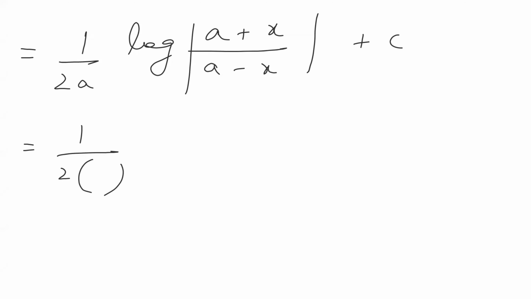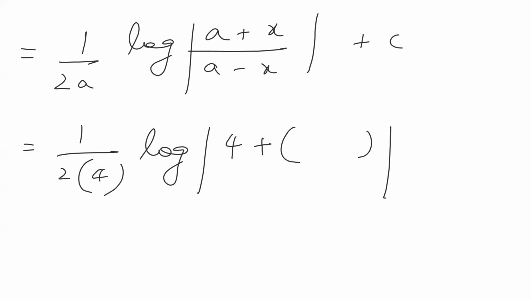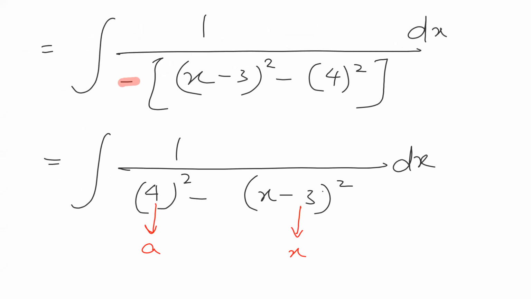A is 4. Log modulus 4 plus and 4 minus. And what is X? X is X minus 3.